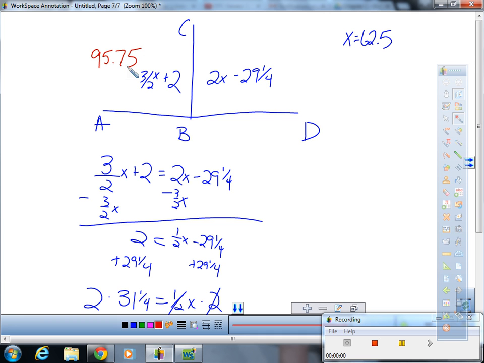Now, we need to check. 2 times 62.5 minus 29.25 gives you the same thing. So now I'm pretty confident I did the problem right because these two angles have the same measure.